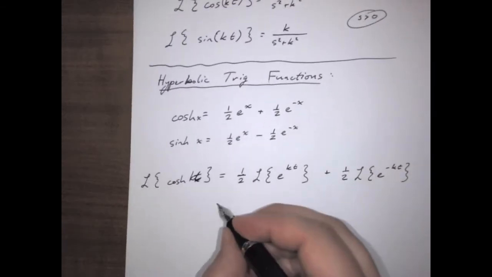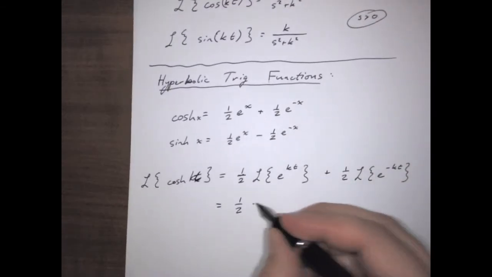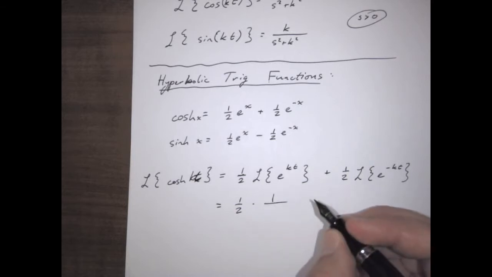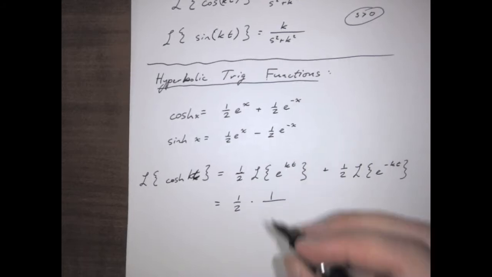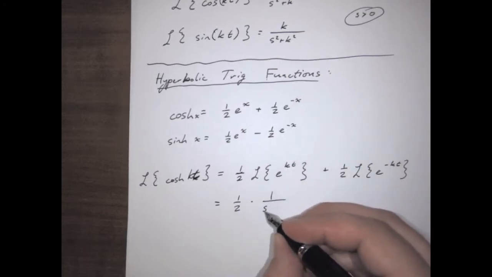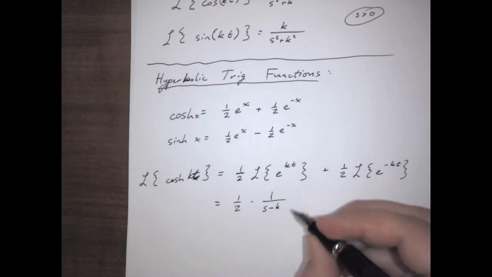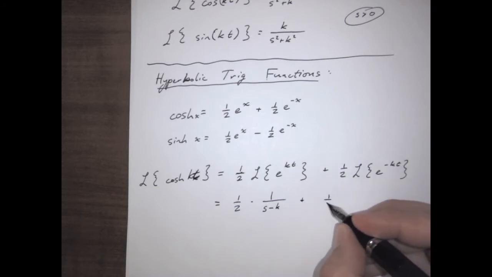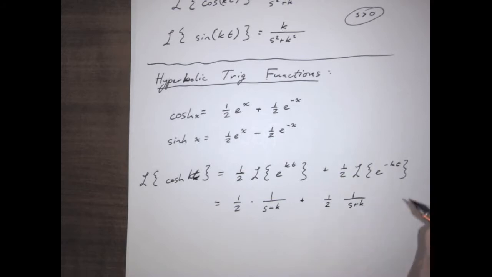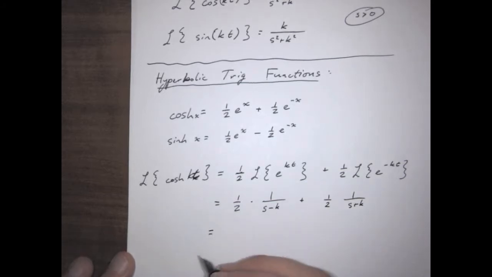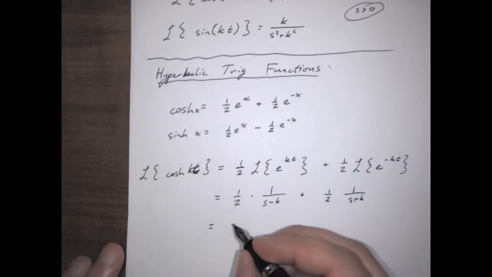Now, if we look at how this is going to play out, it's going to be 1/2 times 1 over, and here we've got k playing the role of what we usually call an a, so that's going to be s minus k, plus 1/2 times 1 over s minus negative k, which is s plus k. Now if I want to combine the like terms, I'm going to have to multiply the top and bottom of this by s plus k, and the top and bottom of this by s minus k.